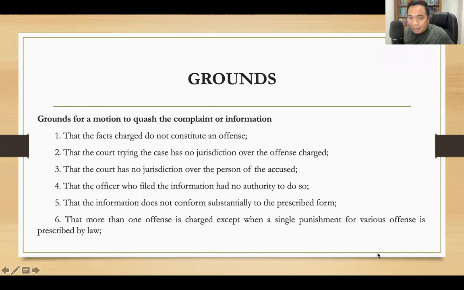Class, in criminal cases, how does the court acquire jurisdiction over the person of the accused? Number one, through voluntary surrender. Number two, through arrest.